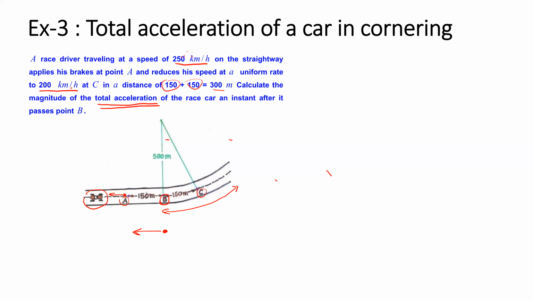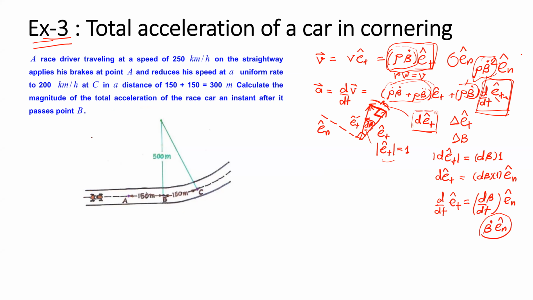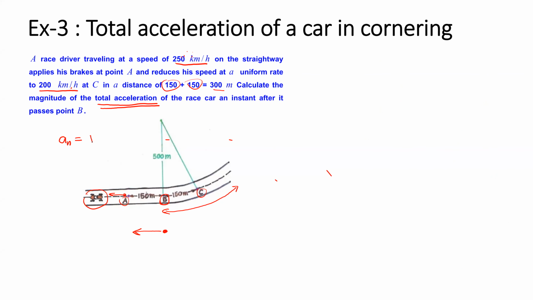So we know that the acceleration in the normal direction is just v square divided by rho.